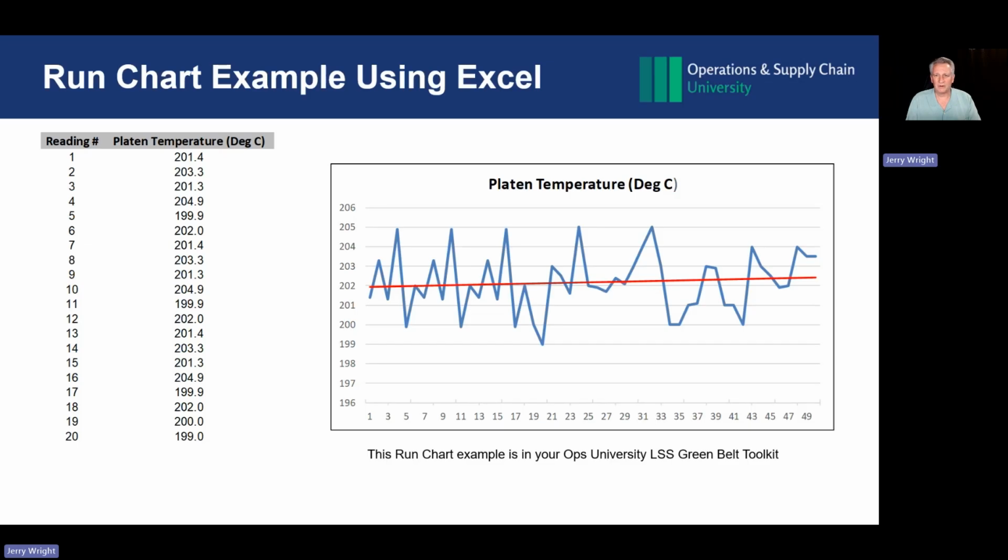Again, a platinum temperature run chart, very easy to create. You just highlight the platinum temperatures and hit insert chart, and boom, you've got a nice run chart. These are easy to update, easy to create. And again, there's an example for you to look at in Excel.